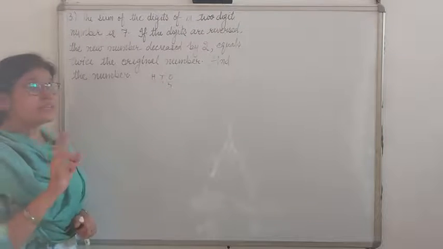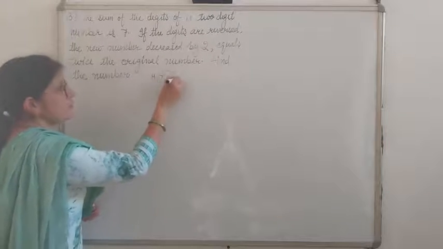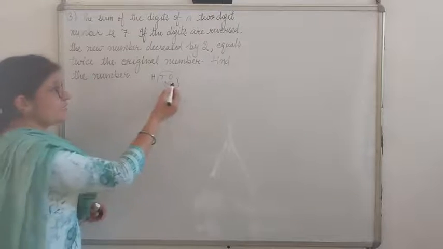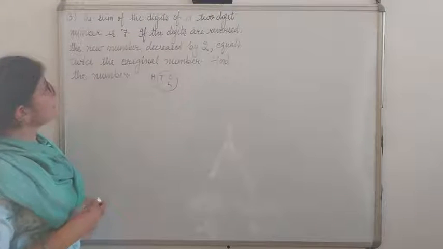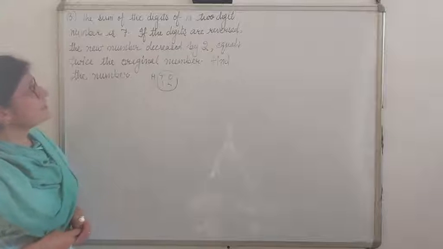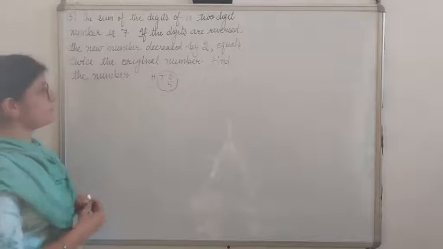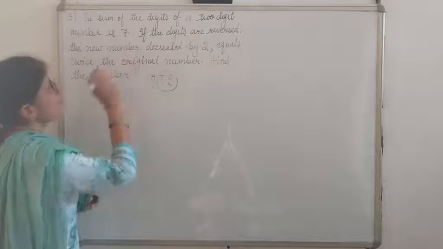We are talking about a 2-digit number, means when two numbers are there like this, ones and tens. They said the sum of the digits of a 2-digit number is 7, means if like this we have 2 digits, their sum is given 7.